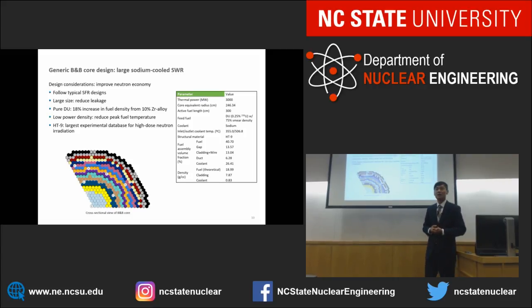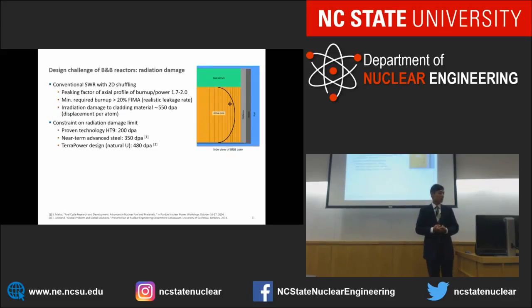And we choose HT9 as the cladding or structural material because we know more about its performance in high neutron fluence. The table here shows some basic design parameters and characteristics. But there's a challenge with this design, because usually you will see a high peaking at the center of the core in terms of flux or power.